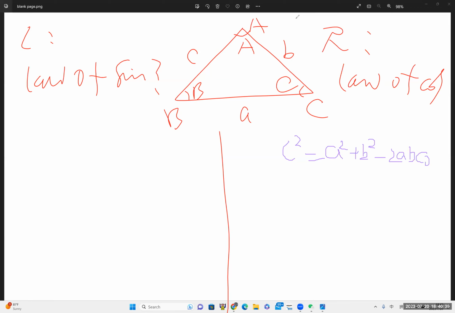I remember the law of cosine, but I don't remember the law of sine. So law of cosine is like c square equal to a square plus b square minus 2ab cosine C. Yeah, this is correct.